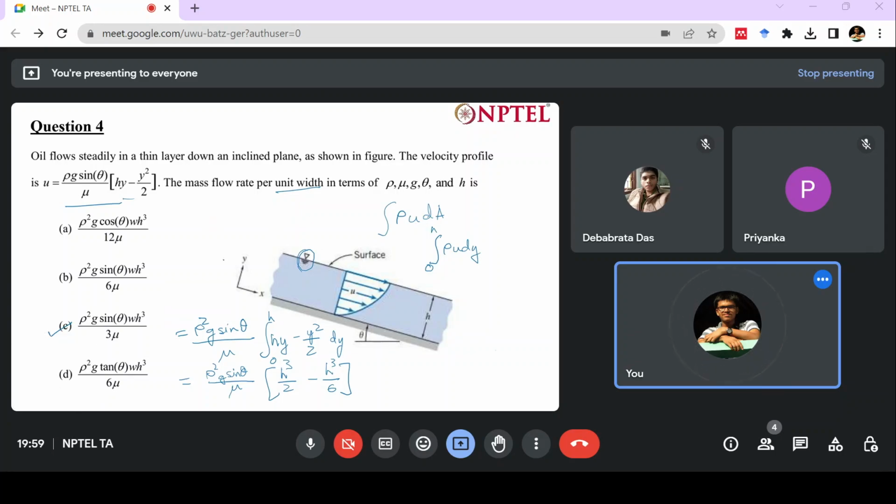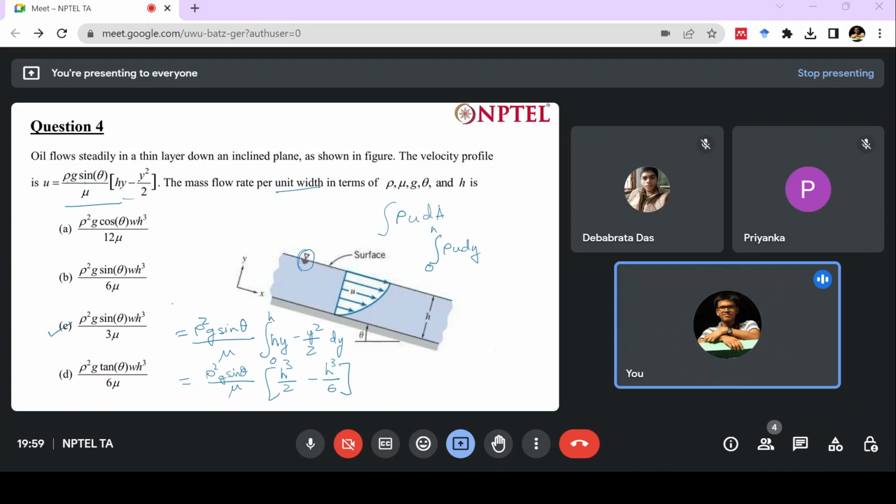So that's one thing. And rho g sin theta is there. This term is here because this particular fluid is moving due to its own gravitational weight. Its own gravity is driving it downwards, and mu is there, which signifies its viscosity is limiting its flow.